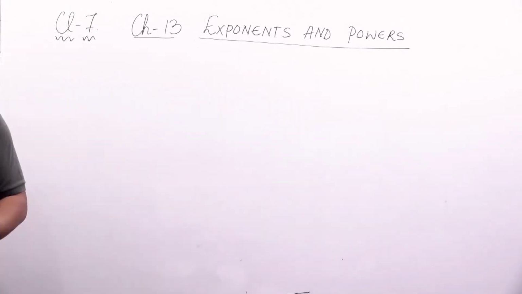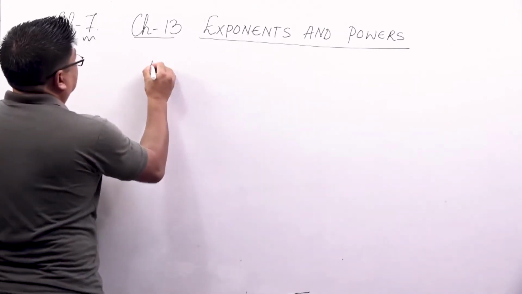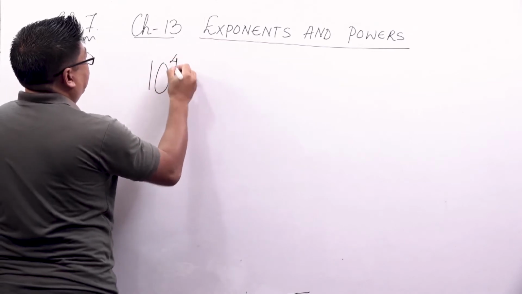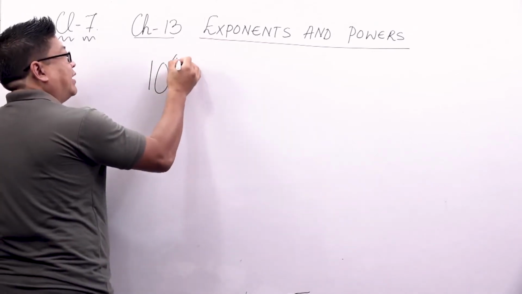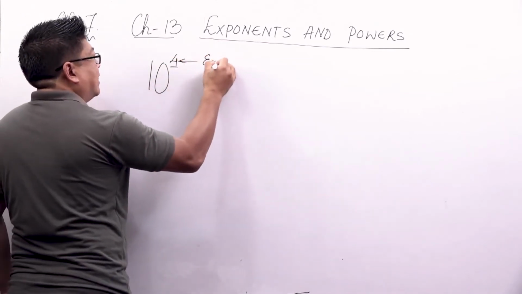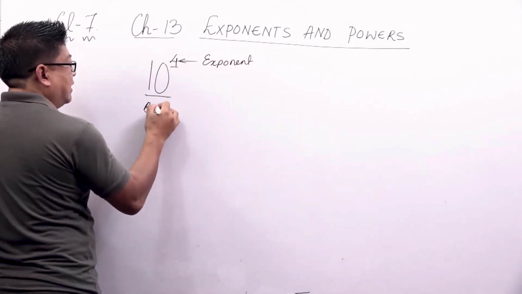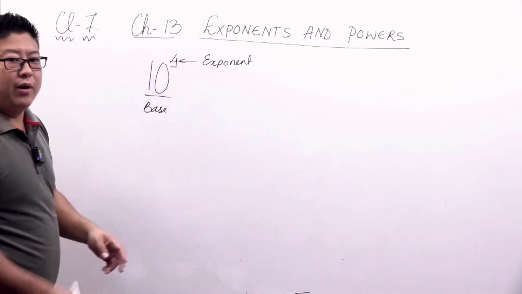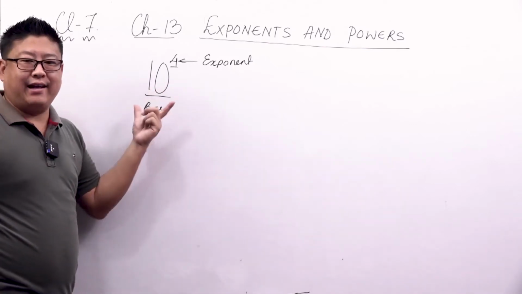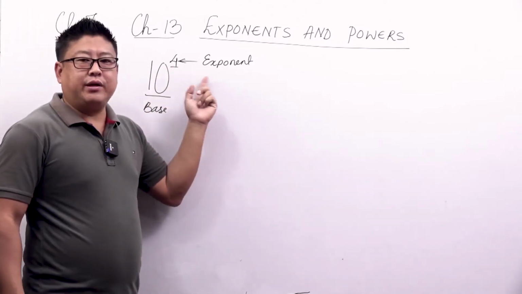Let's take an example: 10 to the power 4. As we have already learned, this is the exponent and this is the base. If you're asked which is the base, you will say 10. If you're asked which is the exponent, you will say 4.